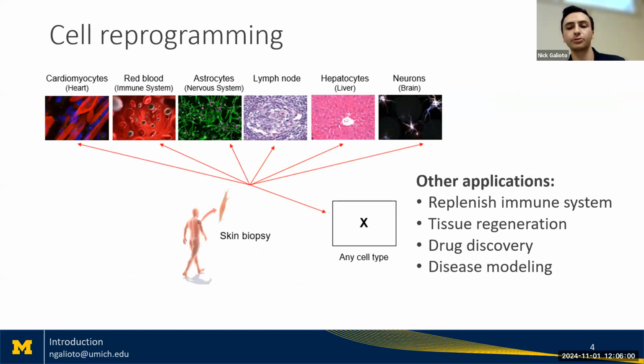Another one could be tissue regeneration, where if you have tissue damage from some sort of disease, you could replenish it using your own body cells by cellular reprogramming. Drug discovery, for example, taking cells and reprogramming them to a certain type of cell that you're interested in and testing drugs on those cells. And also disease modeling, if you can program a cell into a disease cell and then study how that cell behaves.